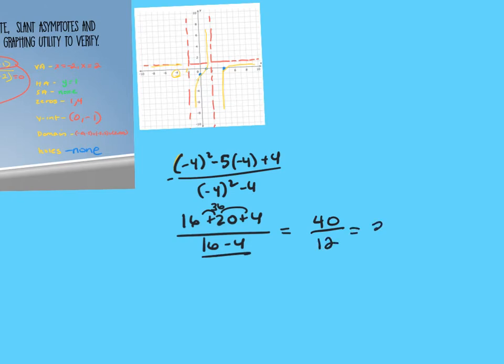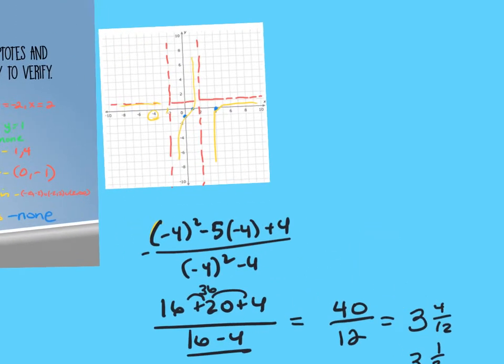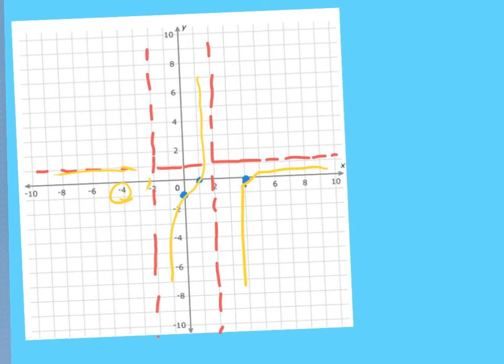So this is 3 4/12, or 3 1/3. So it's consistent with what we thought. We're above the horizontal asymptote there.